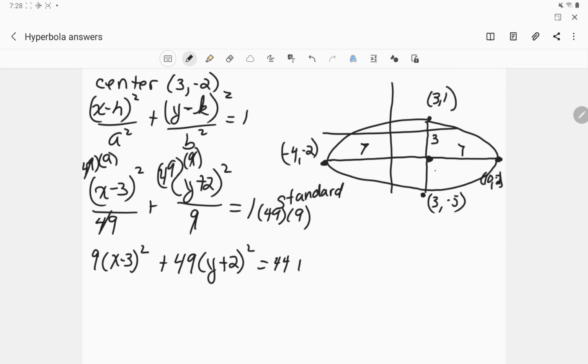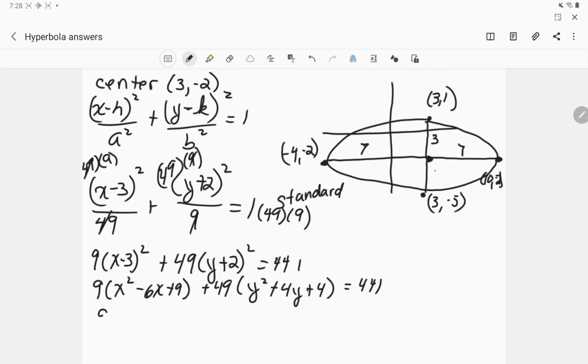All right, so this is 9 times x squared minus 6x plus 9, plus 49 times y squared plus 4y plus 4, is equal to 441.